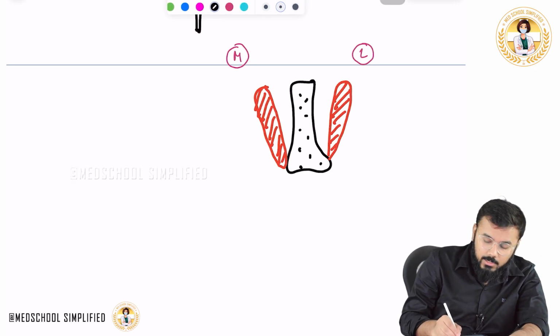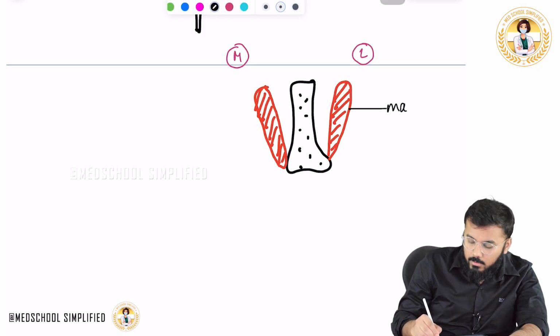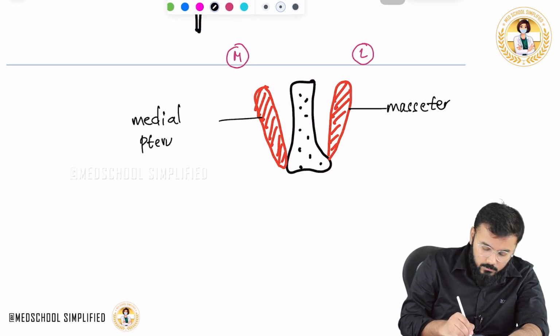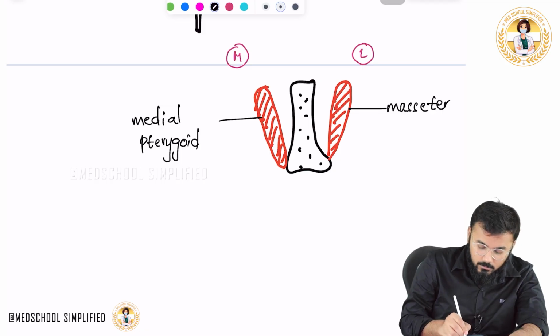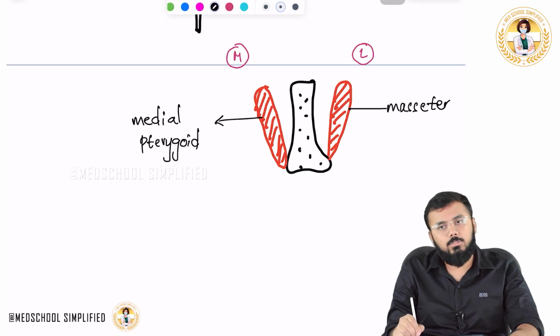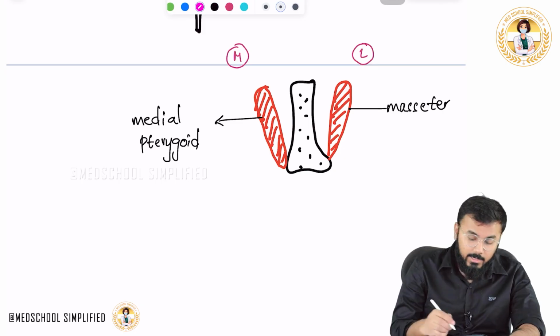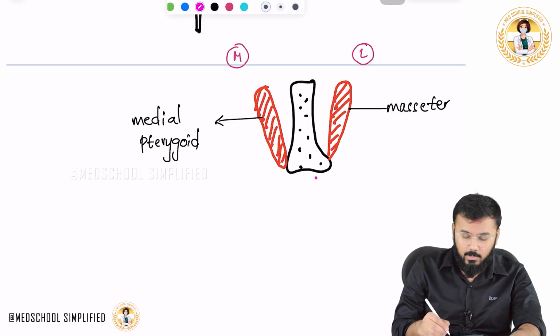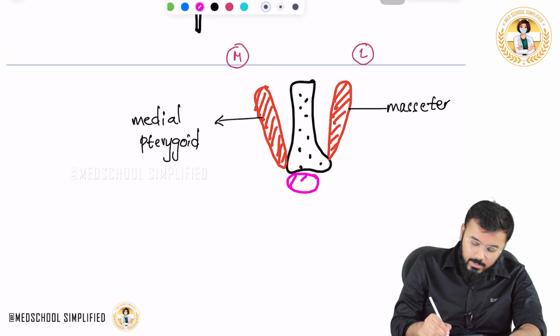So this muscle over here is your masseter. This is your masseter muscle, and this one over here is your medial pterygoid muscle. Next, down to this particular mandible, here you have got a gland.